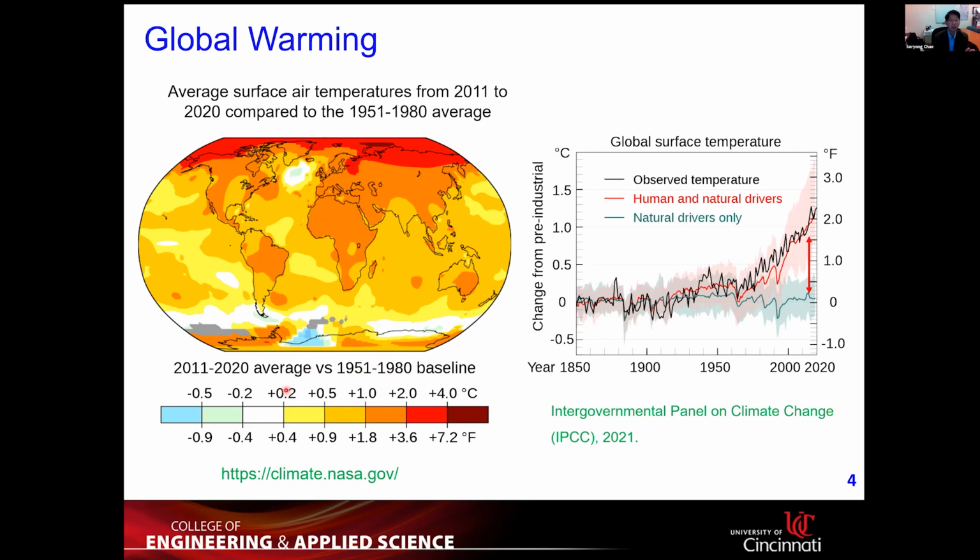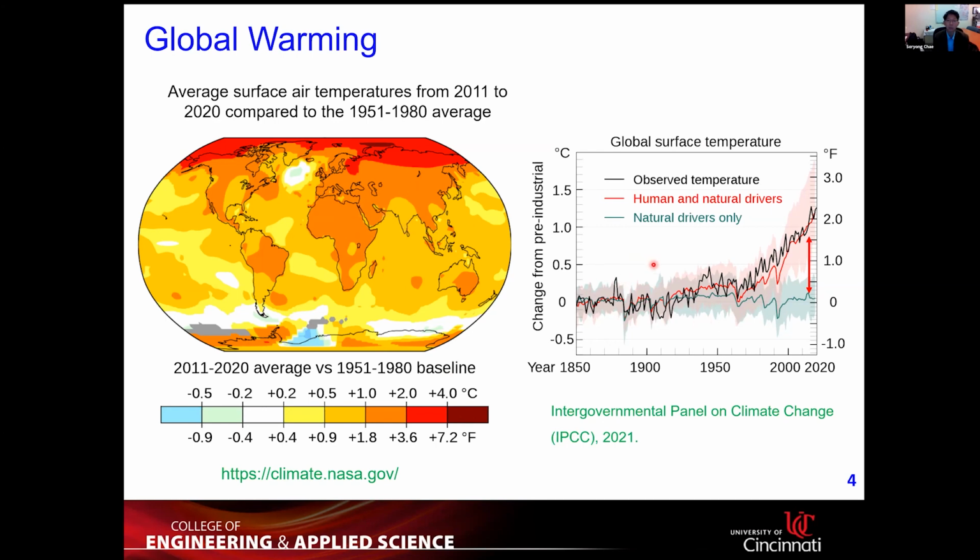A white color means the temperature is the same between the two periods, but if a color moves to yellow, orange, red and dark brown, that means our global surface temperature increased compared to the period between 1951 and 1980. In the figure on the left, all the global continents have almost orange or red color. That means temperature goes up.